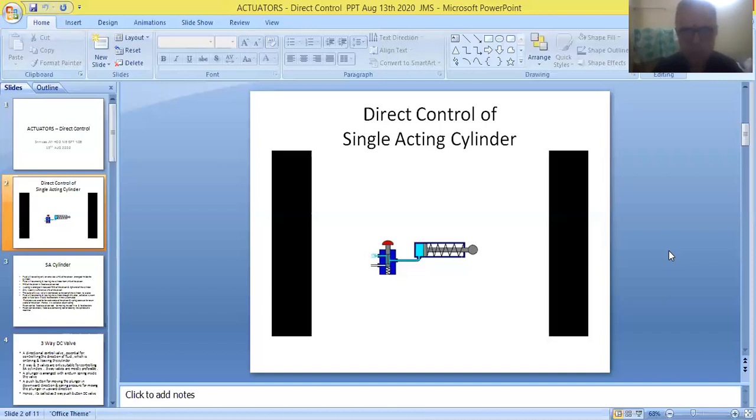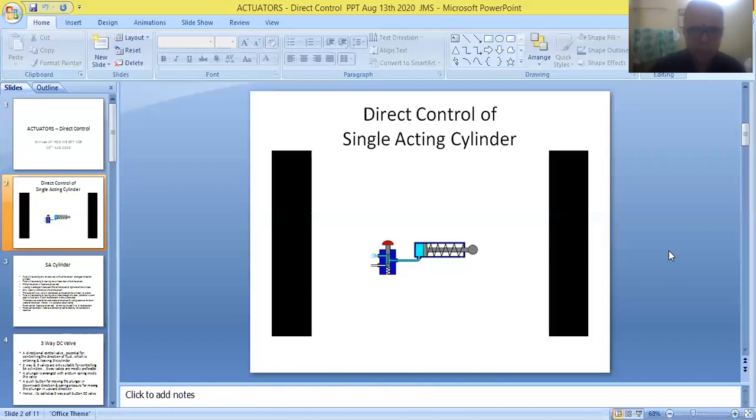So friends, these are the major applications of these cylinders. And now, as shown in the figure, the cylinder is arranged in horizontal position, and sometimes the cylinders are also arranged in vertical positions.